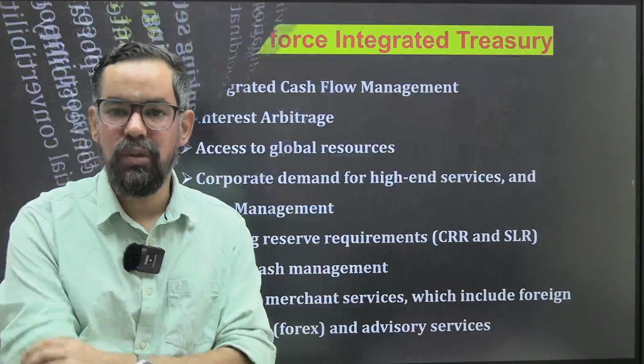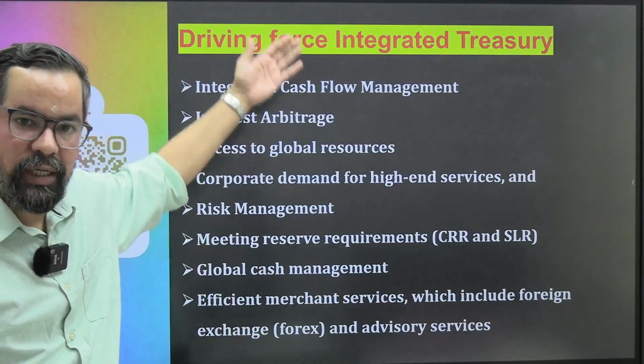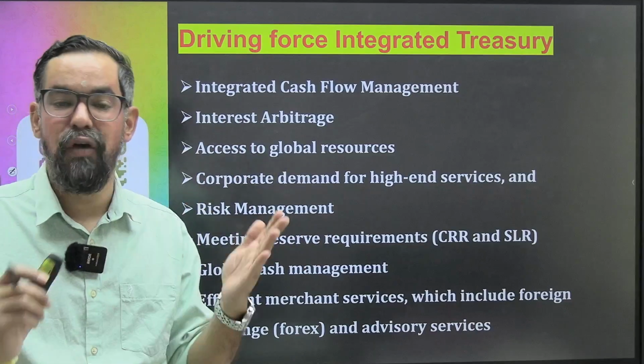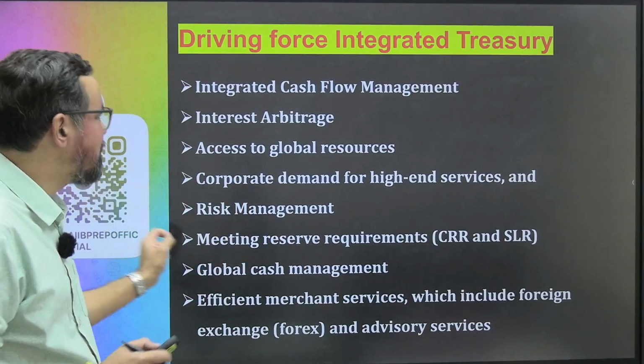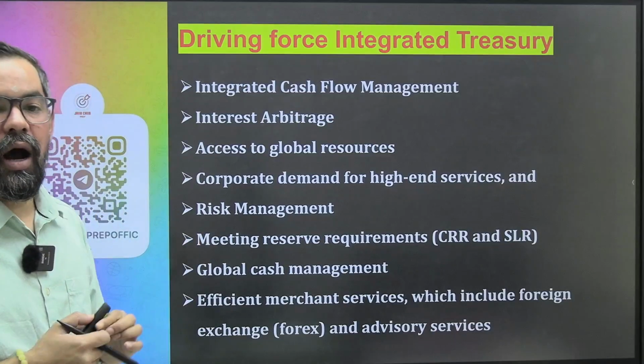So what is treasury, and what is the scope of this? Here we have listed the brief of whatever we have discussed. These are some core functions generally performed by treasury management.